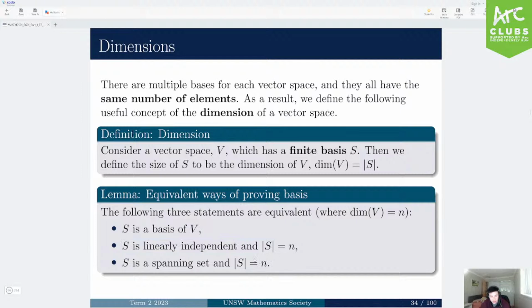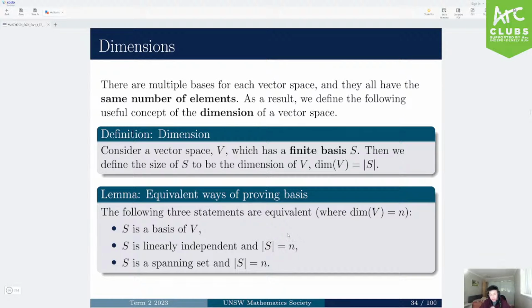So S is a basis of V is equivalent to saying that S is linearly independent and the size of S is equal to the dimension of V. Or in other words, S is a spanning set and the size of S is equal to the dimension of V.